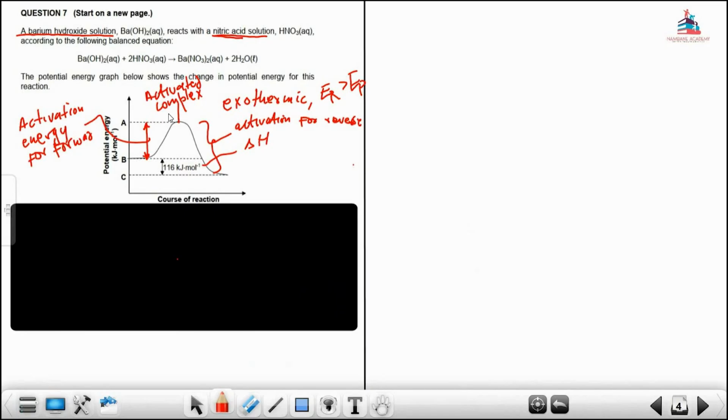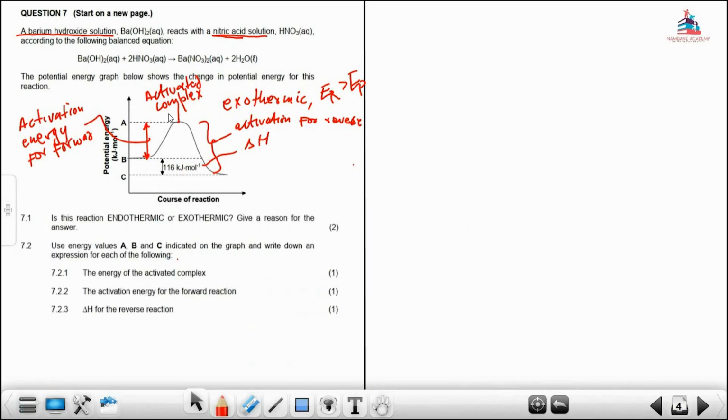So let's look into the questions. We tried analyzing everything. Is the reaction endothermic or exothermic? Exothermic. Give a reason for your answer. Energy of the reactants is greater than energy of the products.